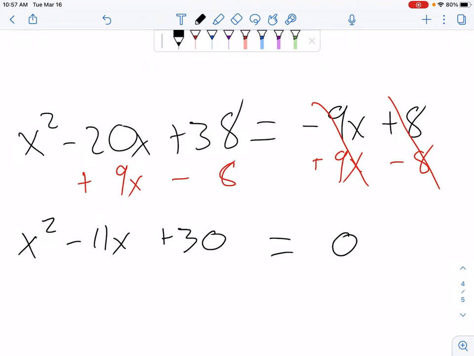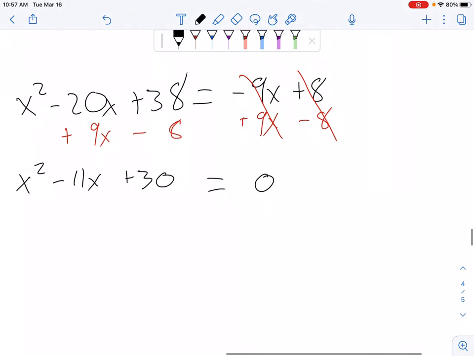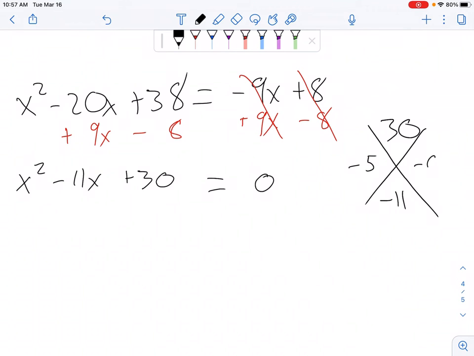plus 30 equals 0. Now that it says equals 0, I can do my big X. I have 30 on top, negative 11 on the bottom. And that would be a negative 5 times a negative 6. So I can rewrite this whole thing as x minus 5 times x minus 6.